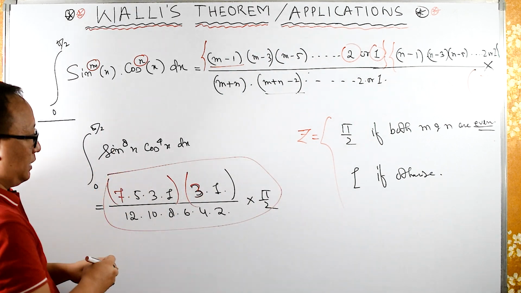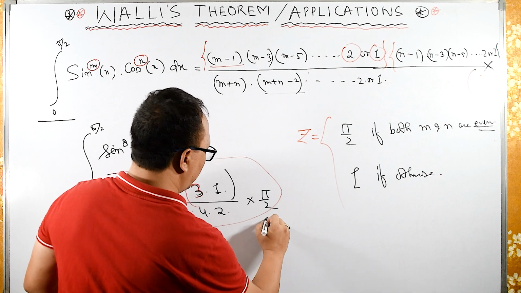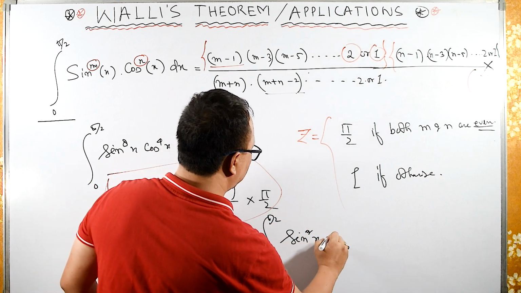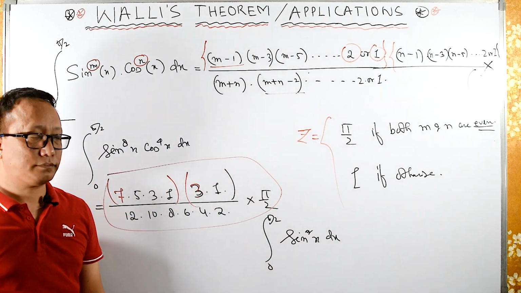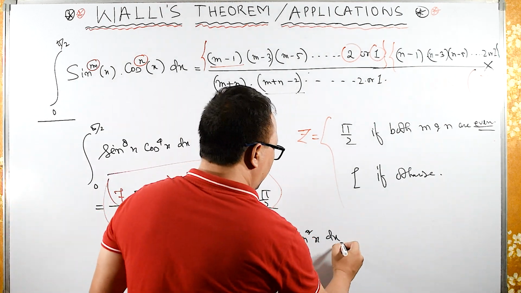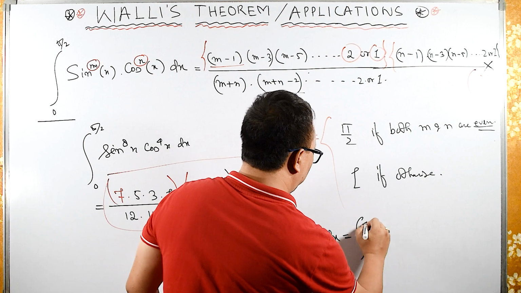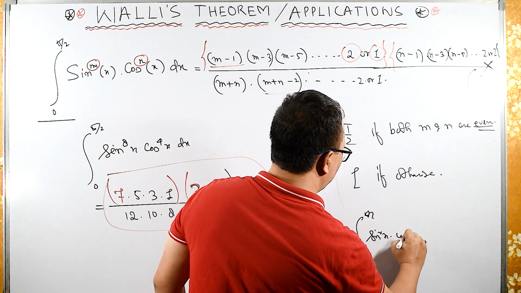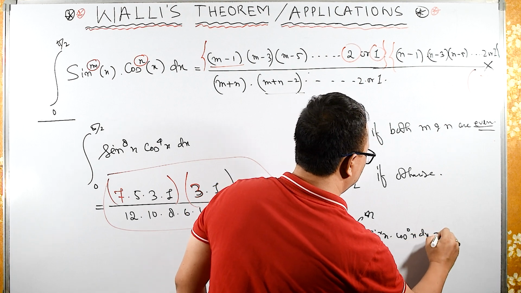Now what about the integral from 0 to pi by 2 of sine square x dx? I can write it as the integral from 0 to pi by 2 of sine square x into cos of 0x dx.